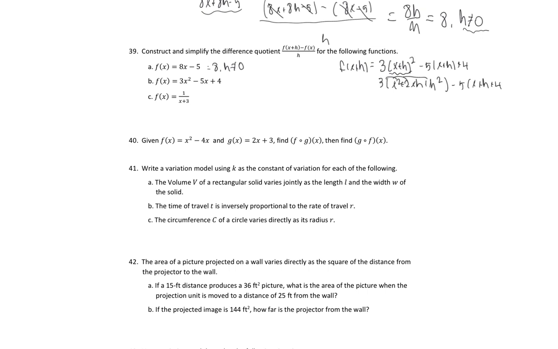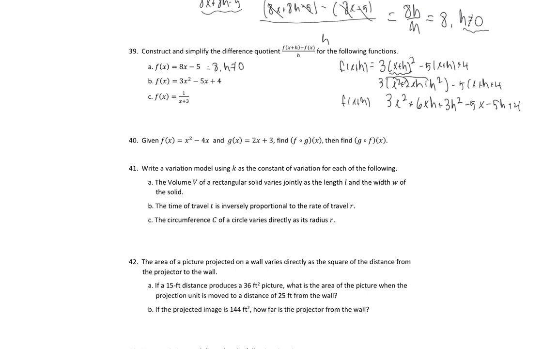And I can distribute. So I have 3x squared plus 6xh plus 3h squared minus 5x minus 5h plus 4. That's f of x plus h.